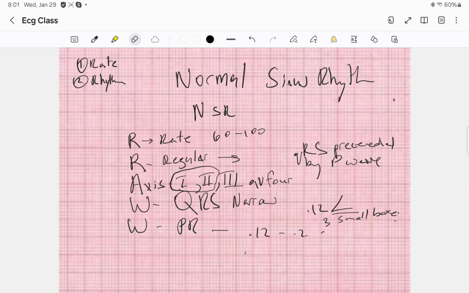The axis has to be the P wave axis specifically, so the P waves have to be upright in leads 1, 2, 3, and AVF. The QRS has to be narrow in terms of the QRS width, and the PR width has to also be normal, between 0.12 to 0.2 seconds, or no more than 5 small boxes, no less than 3 small boxes.